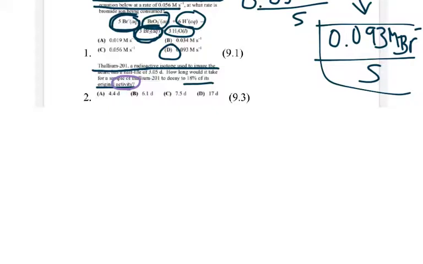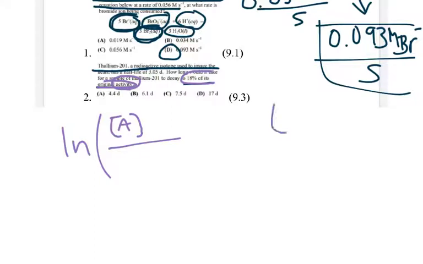We know that radioactive decay is first order, so we have to use the natural log of the original amount. So let's just say the original amount was A. And in the end, it says it decays to 18% of its original value.